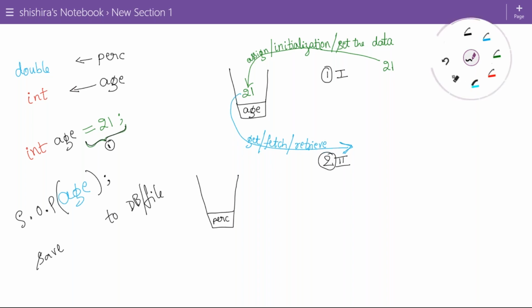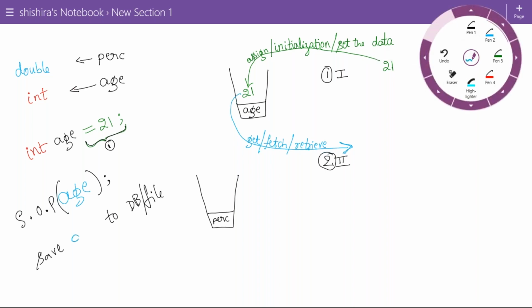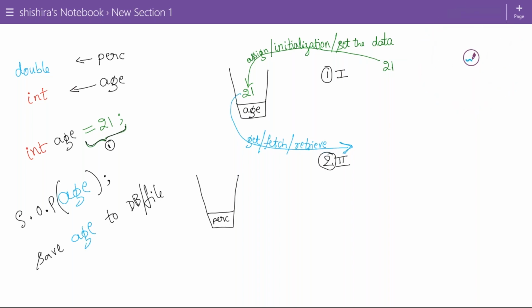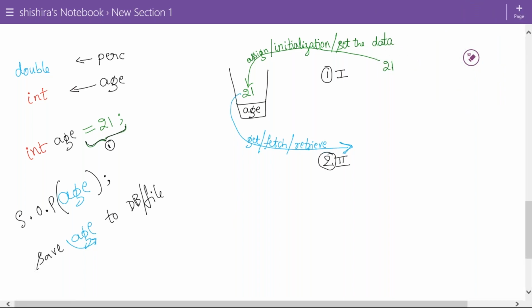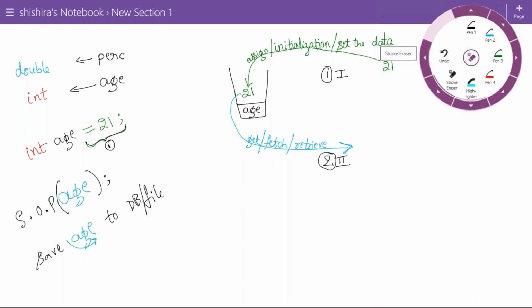You can do whatever you want with this data. Ultimately, you have the data called age. This is called retrieving. Once you have this data with you, you can do whatever you want with it. So these are the two things that we can perform on the data. One is called setting the data, another one is called getting the data.